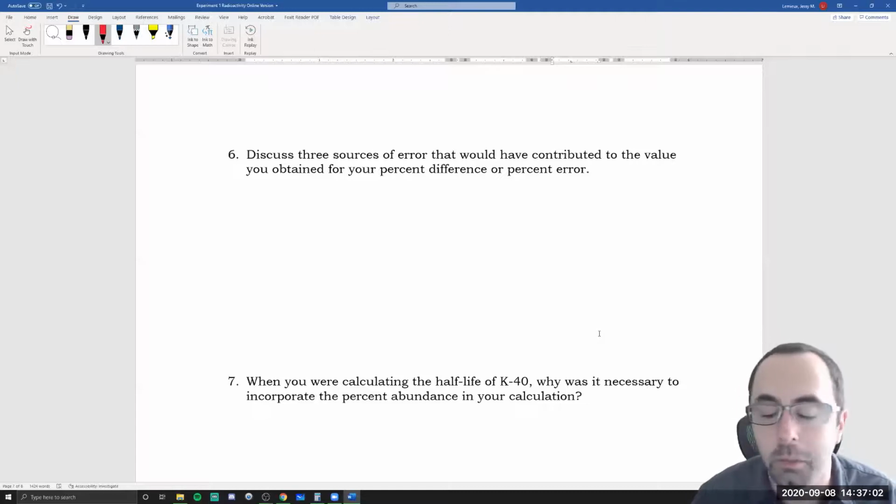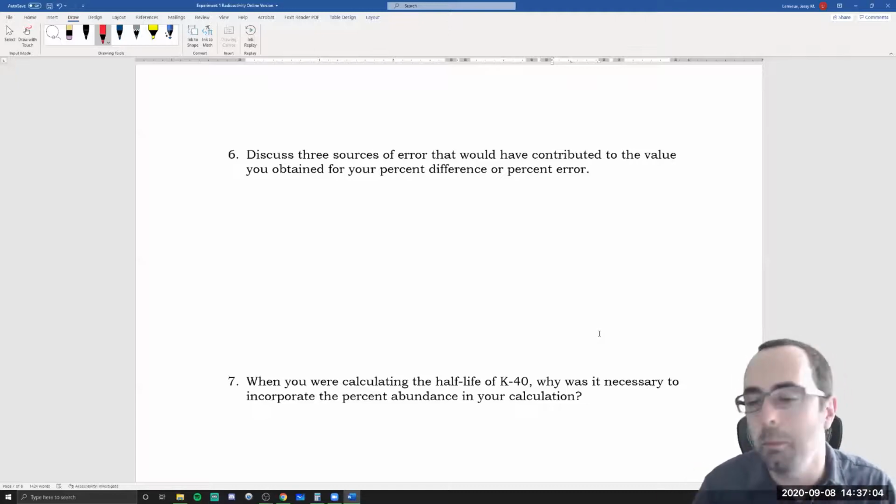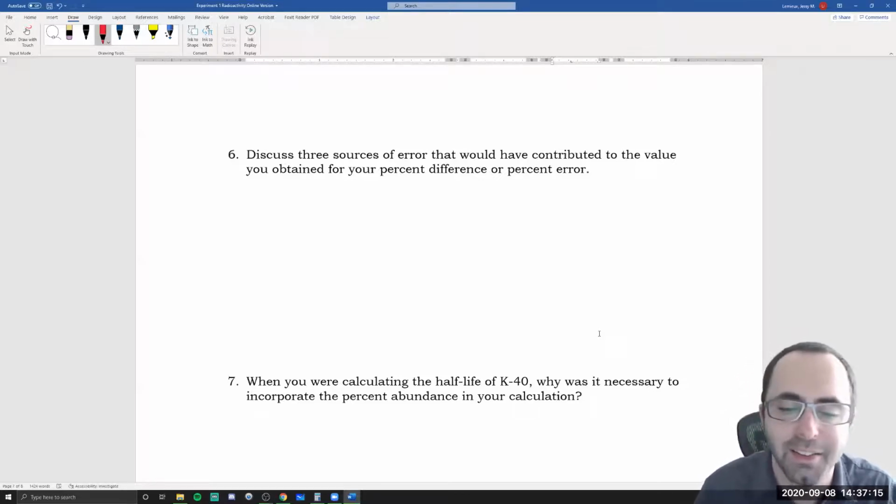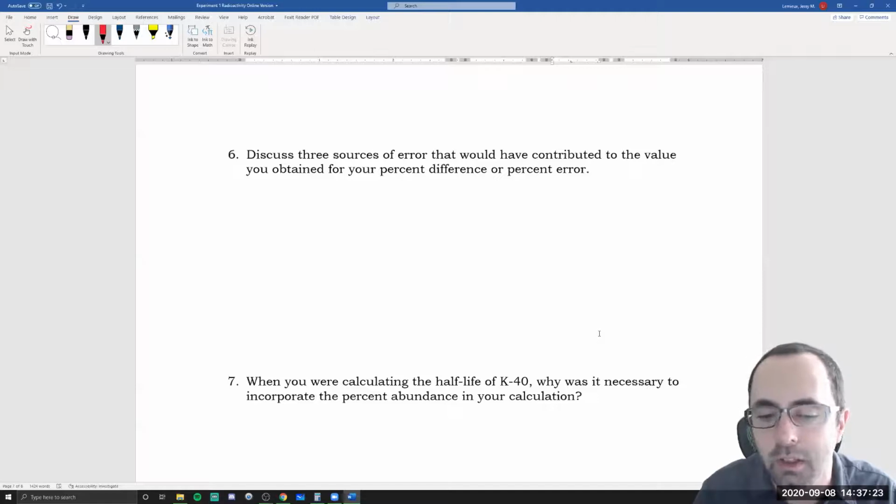But the main contributor is that we're making this measurement over a short period of time for something that decays with a half-life of a billion years. So it's pretty amazing that we can even make this measurement to 1 or 2 sig figs, given that very, very short period of time that we're measuring the decay events.